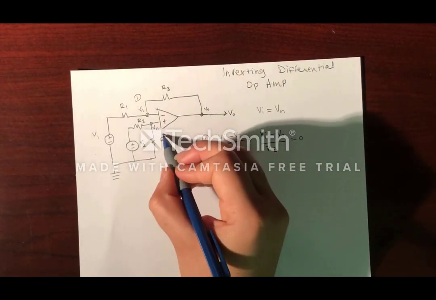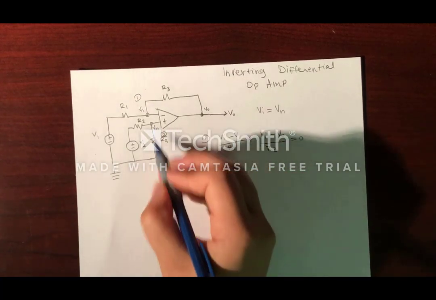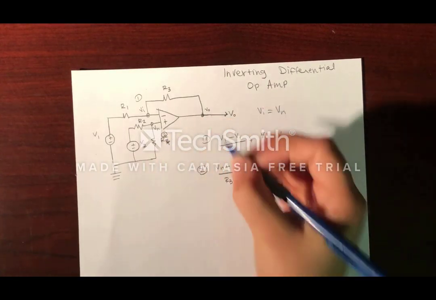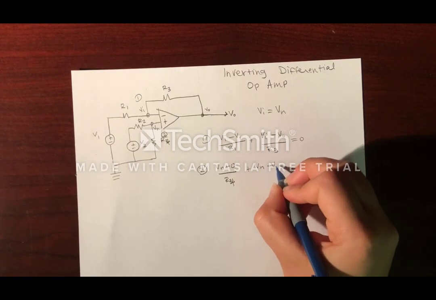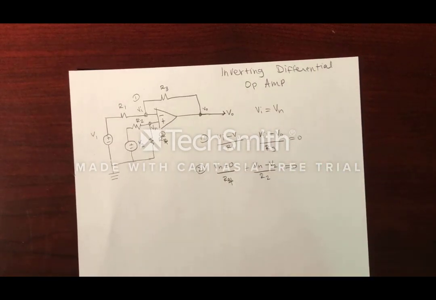Now we'll begin node 2 by saying (Vn minus 0), because it is connected to the ground, over R4 plus (Vn minus the second voltage source V2) over R2 is also equal to 0.